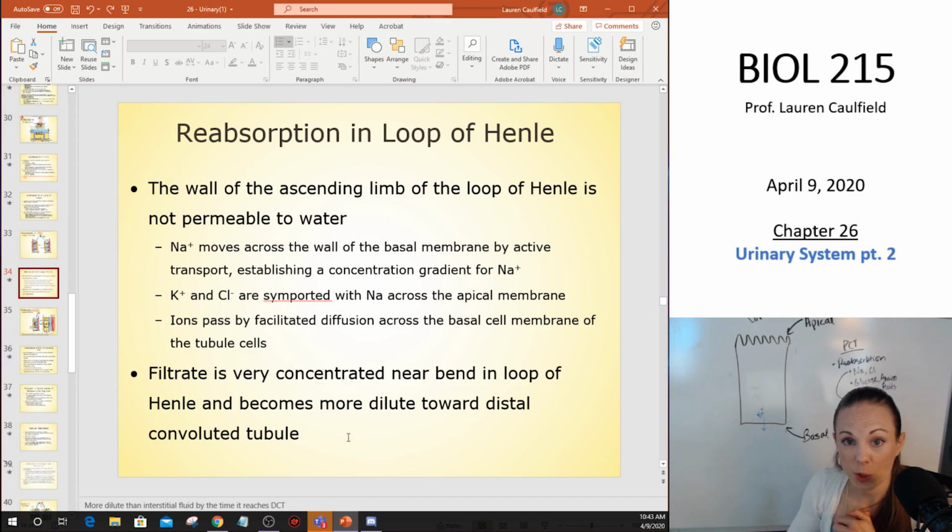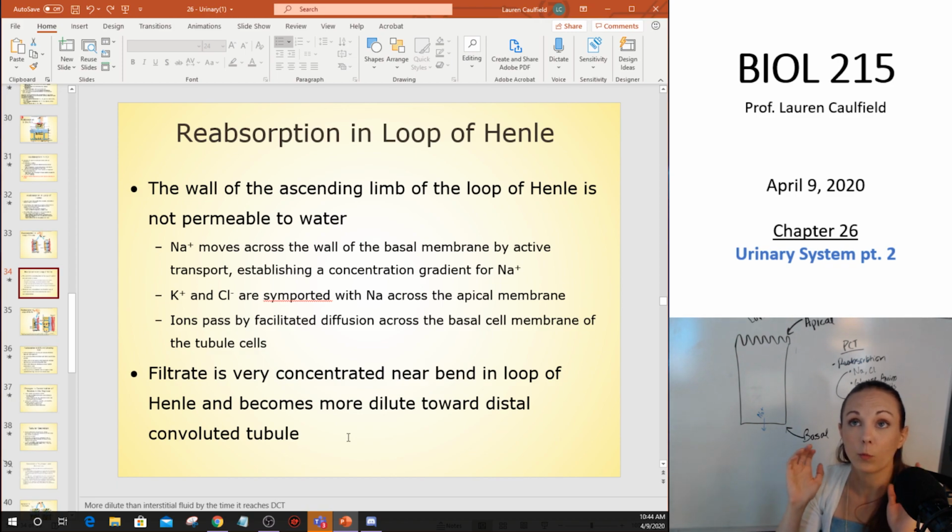So if I was to ask you a question about where filtrate is the most concentrated through the length of the nephron, like we just said, the very tip of the loop of Henle, the bottom of the loop of Henle, the deepest part that has extended into the renal pyramid in the medulla, that tip is the area where filtrate is going to be the most concentrated, because in the descending limb we moved all the water out, increasing that concentration of solutes, and by the time we start going back up, we're moving out solutes, so we are decreasing our concentration as we move back up.